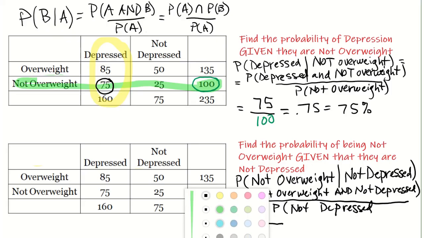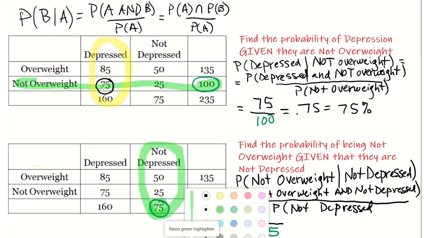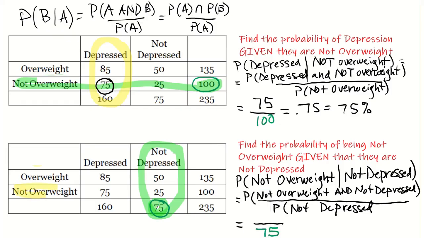So once again, I'm going to do the denominator first, and I'm going to look for all of the people who have identified as not being depressed. The total number of participants that said they weren't depressed is going to be 75. Then I'm going to find the number of participants that identified as being not overweight, looking for the intersection of where the not depressed and not overweight meet.